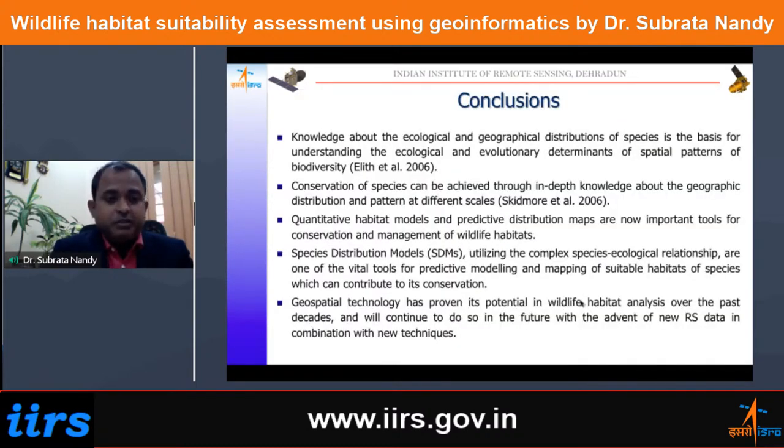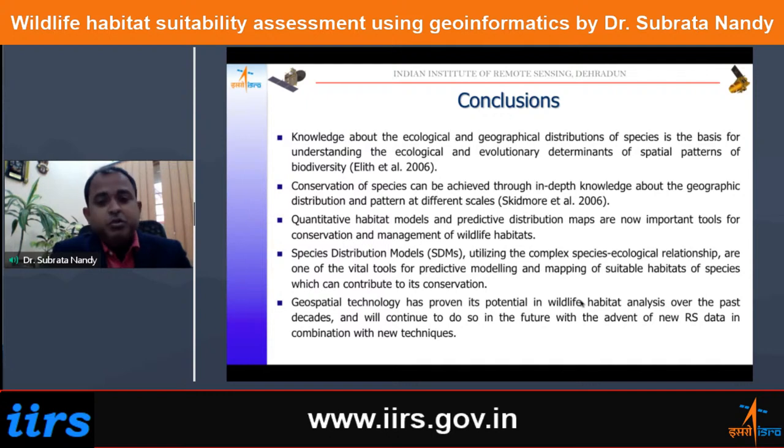Now, to conclude, I must say that knowledge about the ecological and geographical distribution of species forms the basis for understanding the ecological and evolutionary determinants of spatial patterns of biodiversity. Conservation of species can be achieved through in-depth knowledge about geographic distribution and pattern at different scales. These quantitative models and predictive distribution maps are very important tools for conservation and management of wildlife habitats.